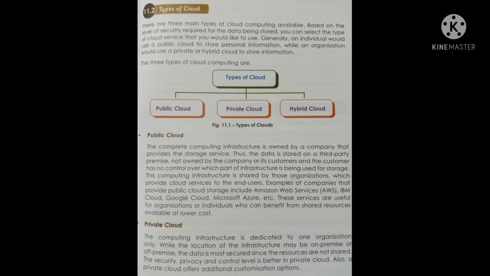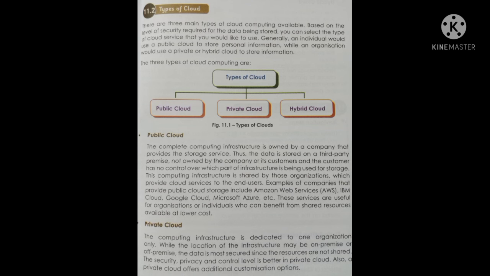Generally, an individual will use a public cloud to store personal information, while an organization would use a private and hybrid cloud to store information. The three types of cloud computing are: first, public cloud; second, private cloud; and third, hybrid cloud. Now students, we are going to see the types of cloud one by one.